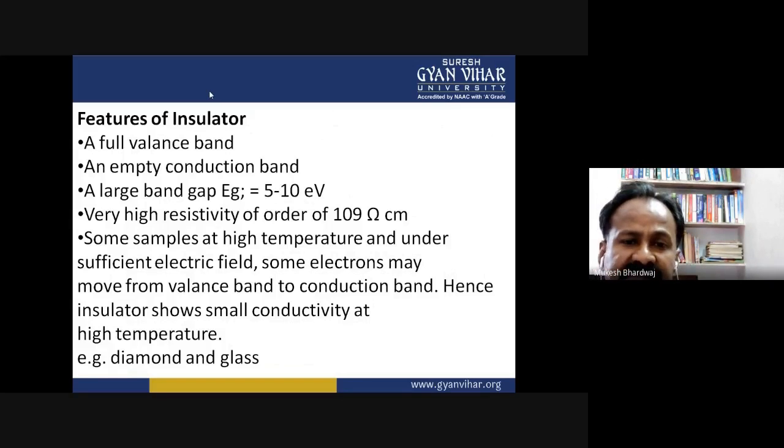Very high resistivity, of the order of 10^9 ohm centimeter. In some samples at high temperature and under sufficient electric field, some electrons may move from the valence band to the conduction band. Hence, insulators show small conductivity at high temperature.